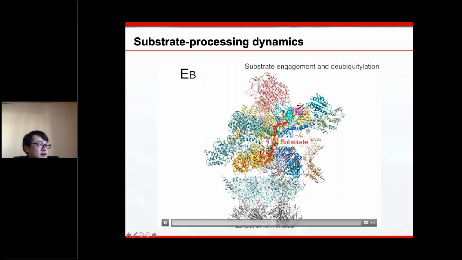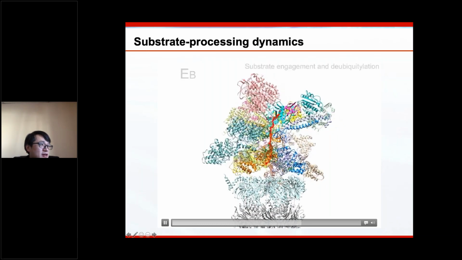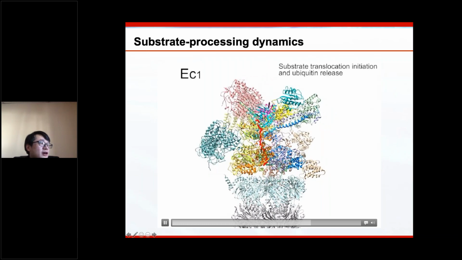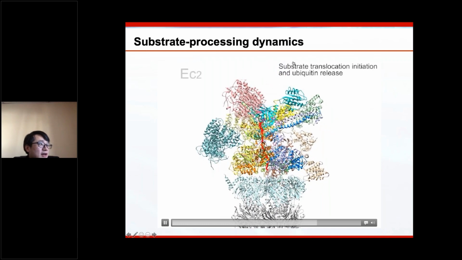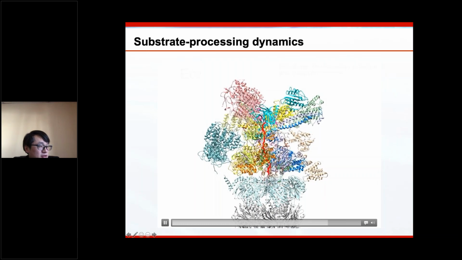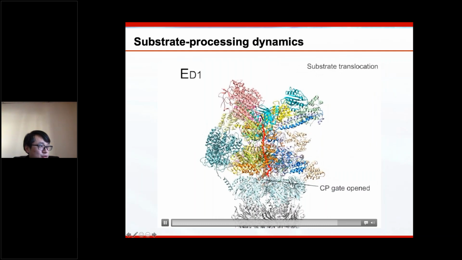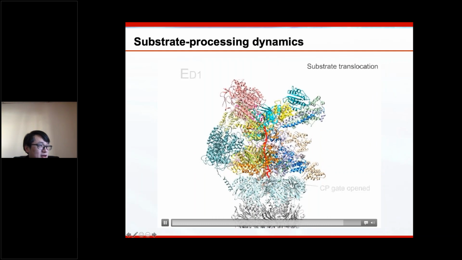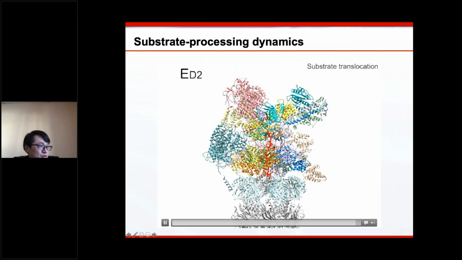As you can see, the RPN1 has like a 45-degree rotation, then the substrate is inserted into the ATPase channel, and there's a large rotation, and then the ubiquitin is released. Then the ATPase moves again and drags this whole thing, the red substrate, into the CP channel. So that's the 7 structures.